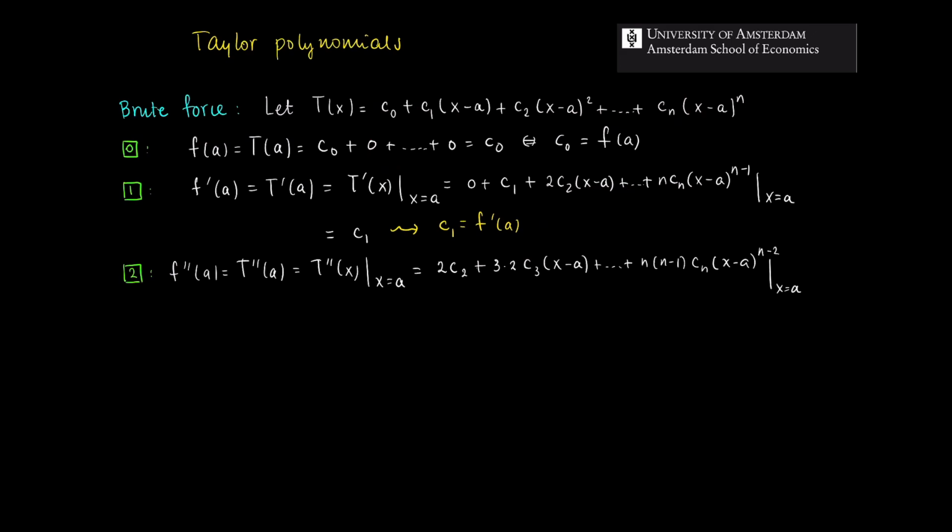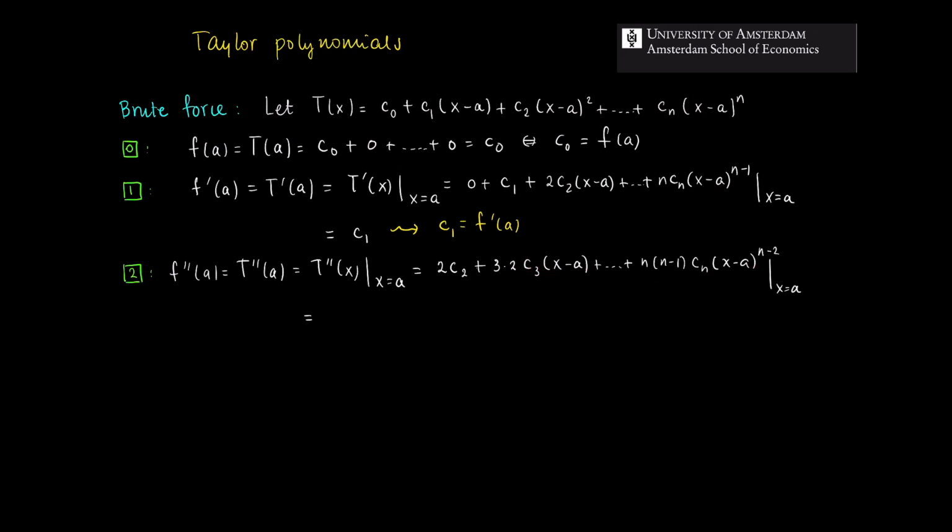Since the second order derivative is the derivative of the first order derivative. So we see that after 2c2, all possible terms are canceling, so these are all zero when we plug in x equals a.